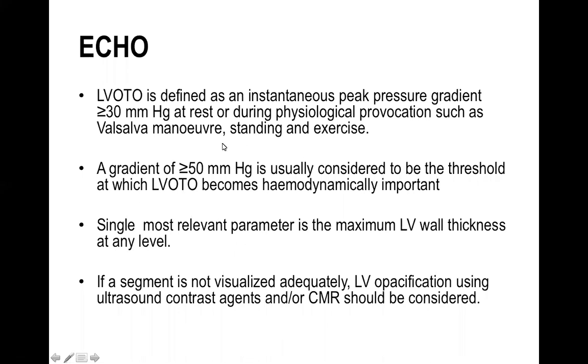LVOT obstruction is defined as a peak gradient more than 30 at rest or during physiological provocation, such as the Valsalva maneuver, standing, or exercise. A gradient more than 50 is usually considered the threshold for important obstruction, and the single most relevant parameter is the maximum LV wall thickness at any level. If a segment is not visualized adequately, you can use contrast echo.